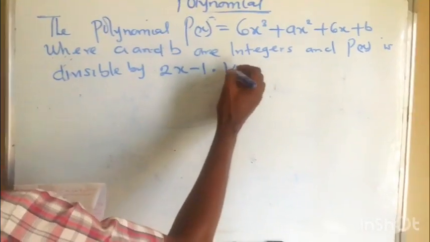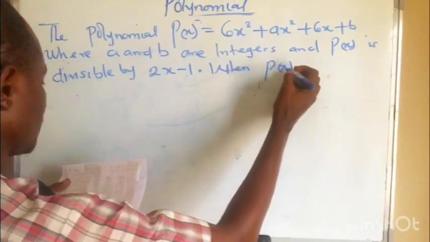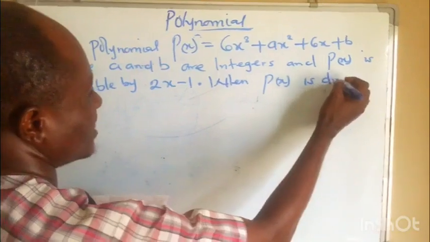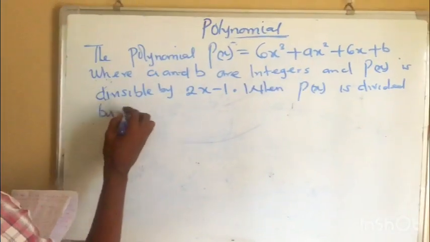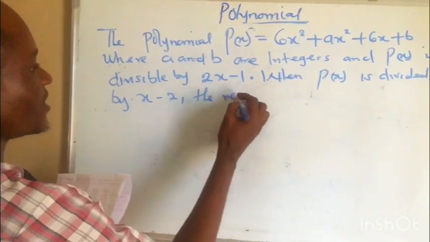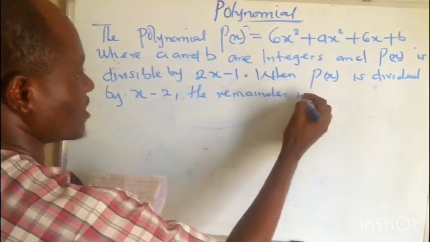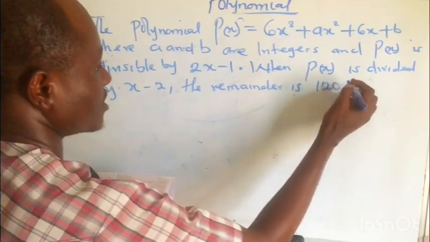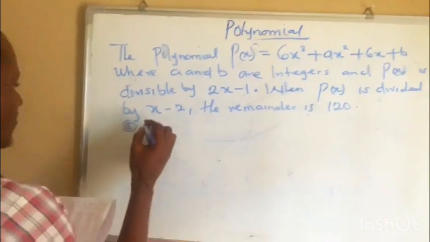When p of x is divided by x minus 2, the remainder is 120.